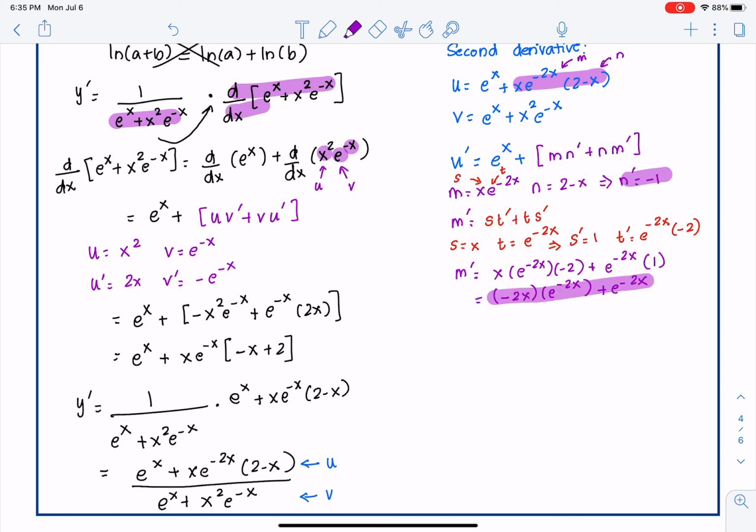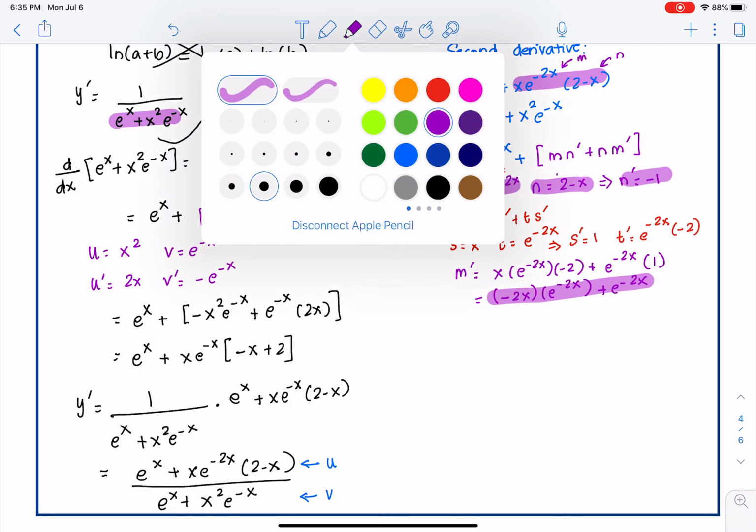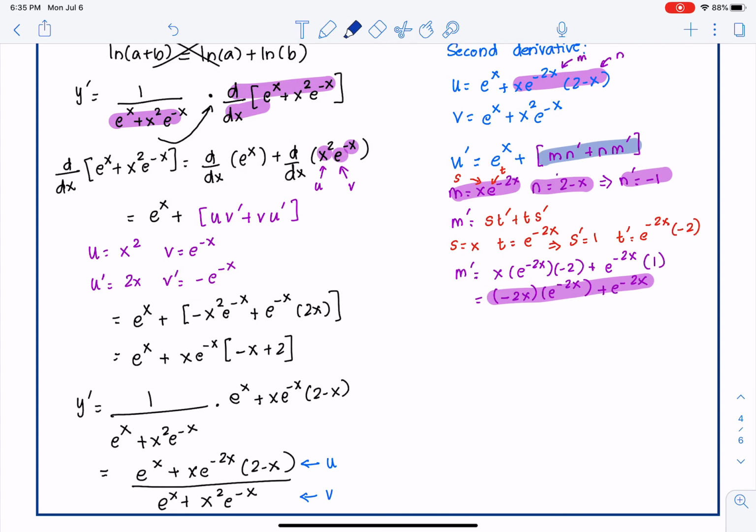N prime, M, N. So we could plug all of those in there.